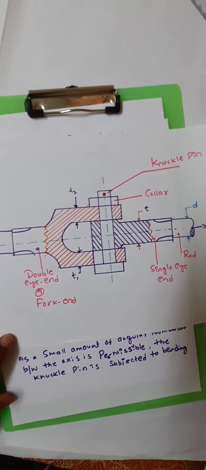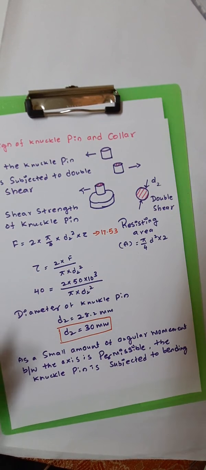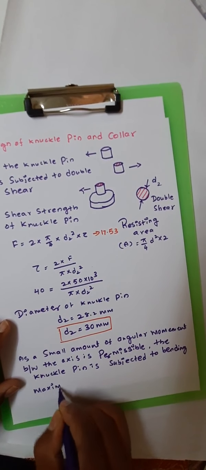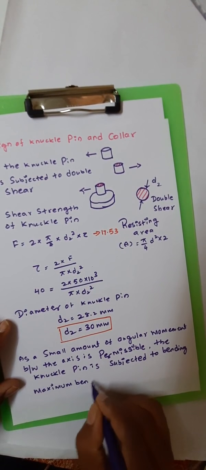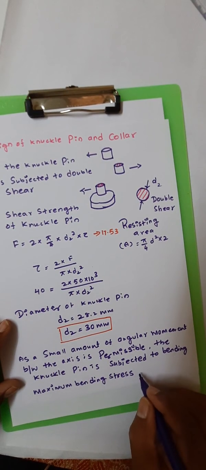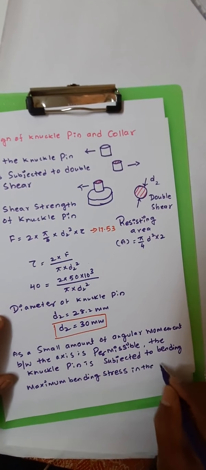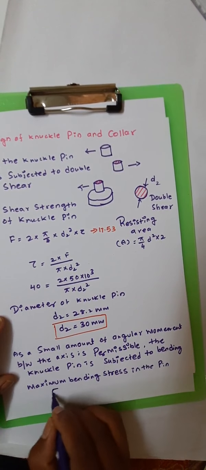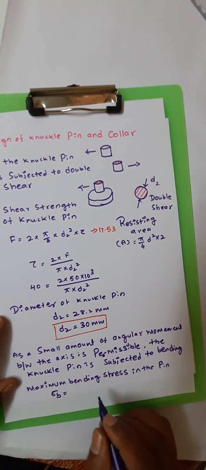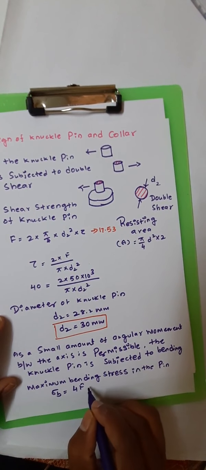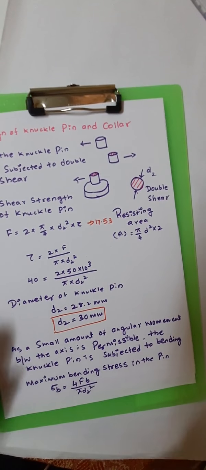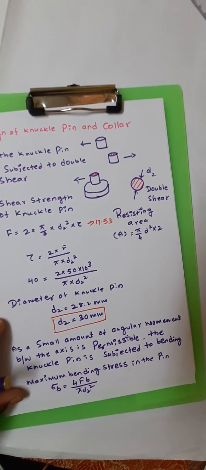Once it is subjected to bending, we need to find the maximum bending stress in the pin, that is sigma b is equal to 4FB divided by pi t2 square.